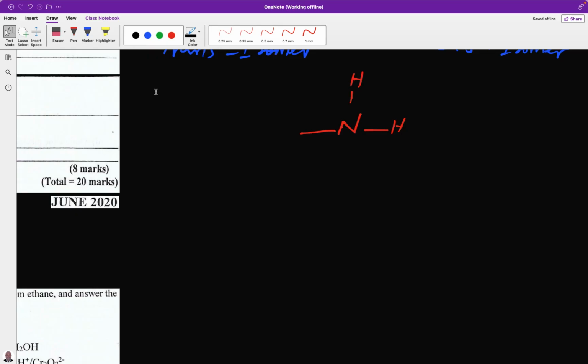So we will have a carbon, a carbon, a carbon. You see it? 1, 2, 3, and these are the hydrogens. Now, C3, 1, 2, 3. For hydrogens, 1, 2, 3, 4, 5, 6, 7, 8, 9. We now have our hydrogens.